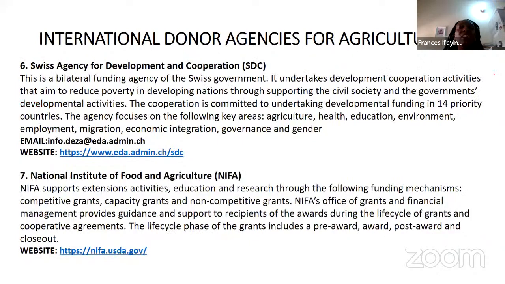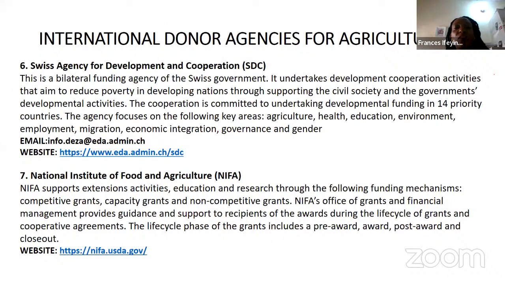Next, we have the Swiss Agency for Development and Cooperation. It undertakes development cooperation activities that aim to reduce poverty in developing nations through supporting the civil society and the government's development activities. The corporation is committed to undertaking developmental funding in 14 priority countries.